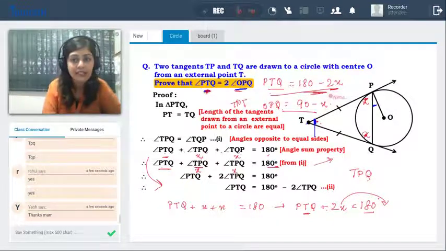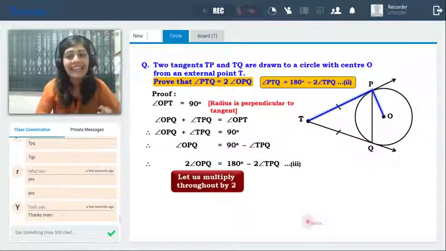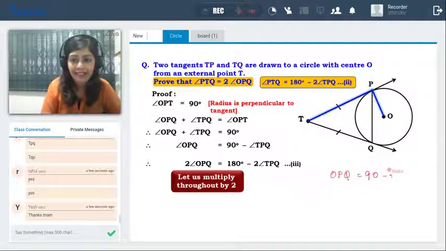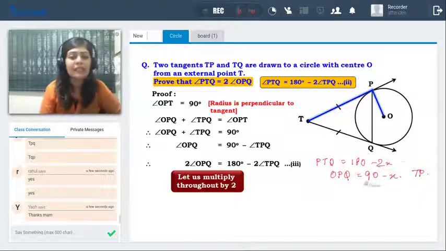Anyone who did not understand this step? Okay, all right. Let's quickly move ahead and try to prove OPQ as 90 minus x. We already know that PTQ is equal to 180 minus 2x. Now students, pay attention. To prove this, let's look at OPQ.